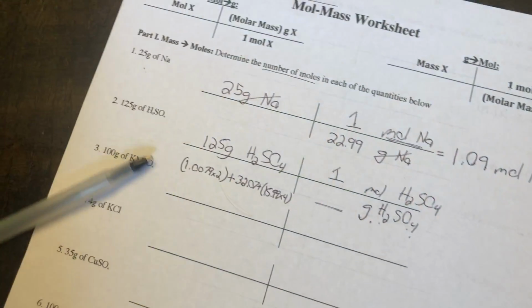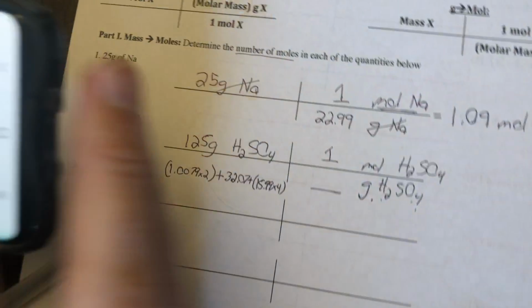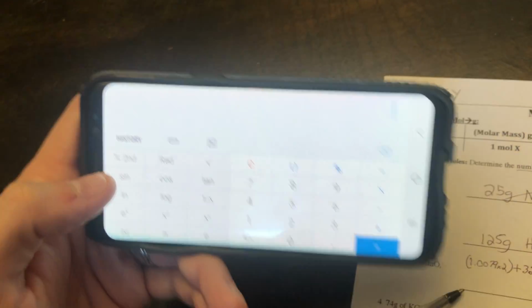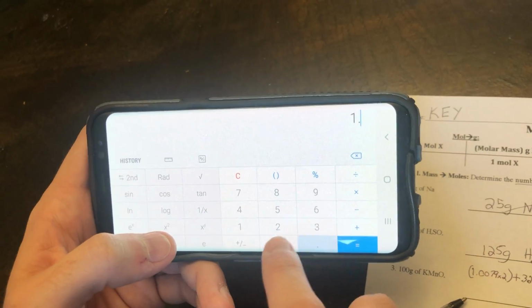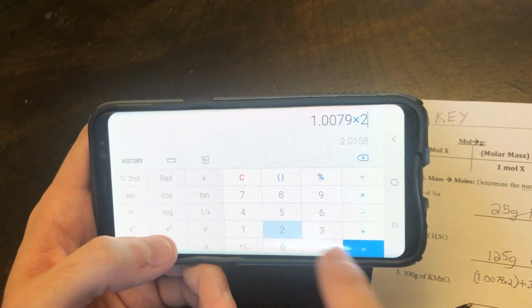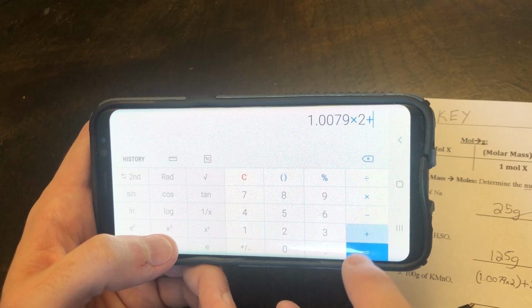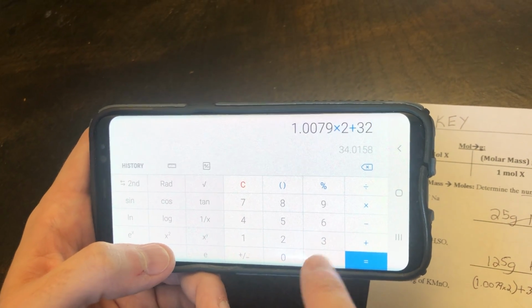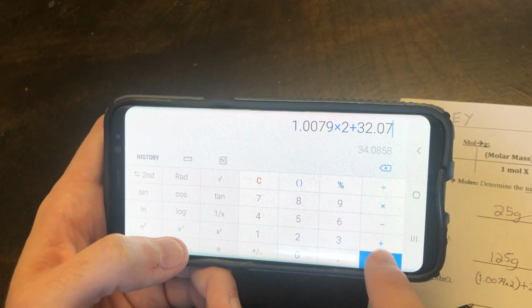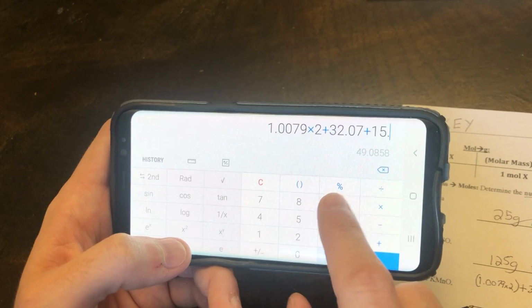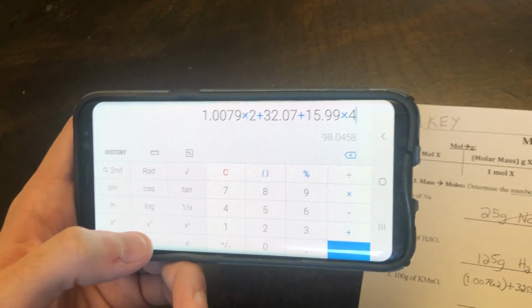Now I have to do a math problem before I do my actual final problem. So I'm going to plug all this into my calculator. 1.0079 times 2. I recommend you guys use parentheses. I'm not doing it just for the sake of time. Plus 32.07 plus 15.99 times 4. And I get my molar mass.